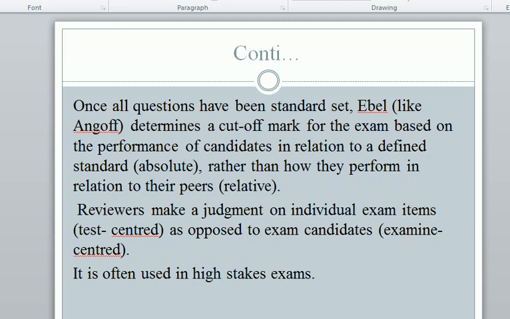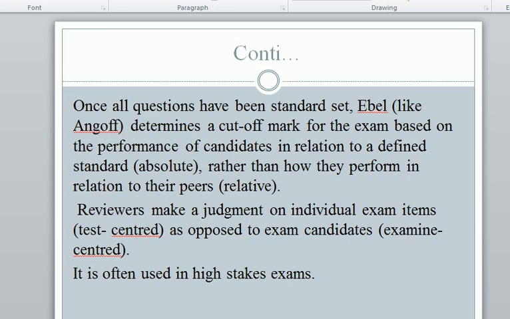Simply you can say that in this method the judgments or decisions are based on the absolute scores of students in the test. So it is often used in high stake exams.